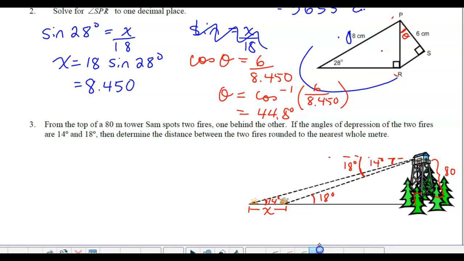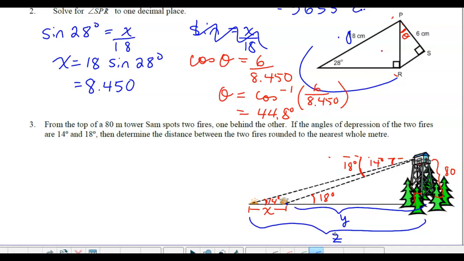So we've got a right triangle, this one here, inside for the closest fire, and then the outside one. If we calculate what this is, let's call it Y, and then if we calculate this distance, let's call it Z, then all we have to do is subtract them.